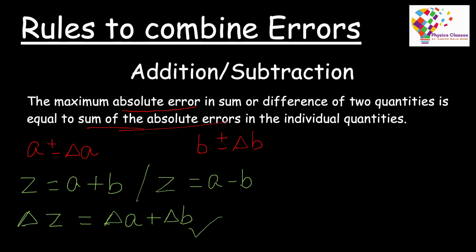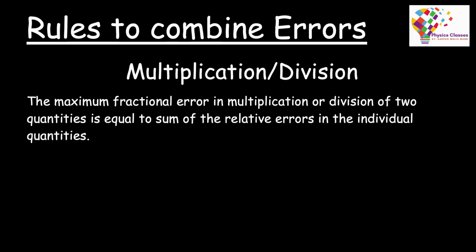Now, for the multiplication and division rule, the maximum fractional error in multiplication or division of two quantities is equal to the sum of the relative errors in the individual quantities.